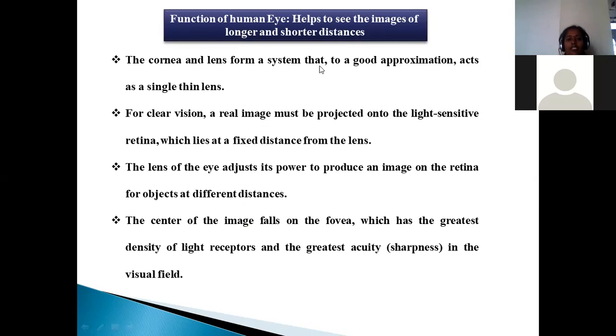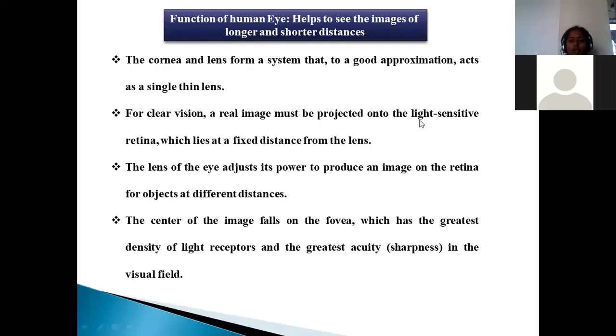The cornea and the lens of the system, as a good approximation, act as a single thin lens. Okay, the cornea, which is present on the surface of the eyeball, works like a thin lens. A single thin lens. In order to get real images, what should be there? A light sensitive retina.